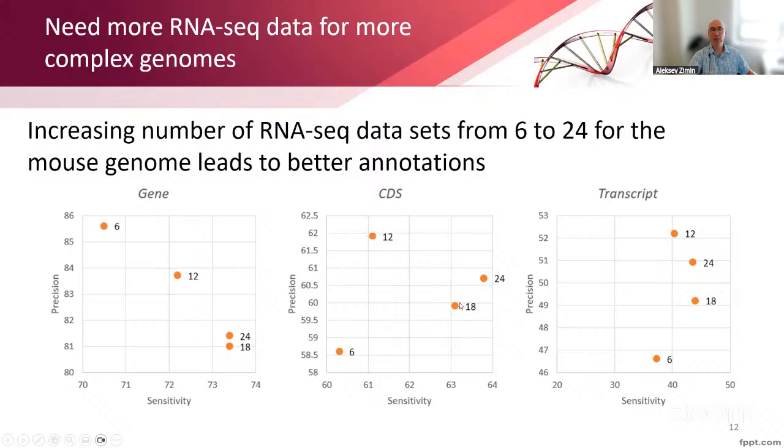You get 6, 12, 18, 24. And in the F1 sense, actually, you see uniform improvements. And over here in transcripts, you see a mixed picture, but again, 24, 18, or 12 give you much better sensitivity and precision than using just 6 RNA-seq data sets.